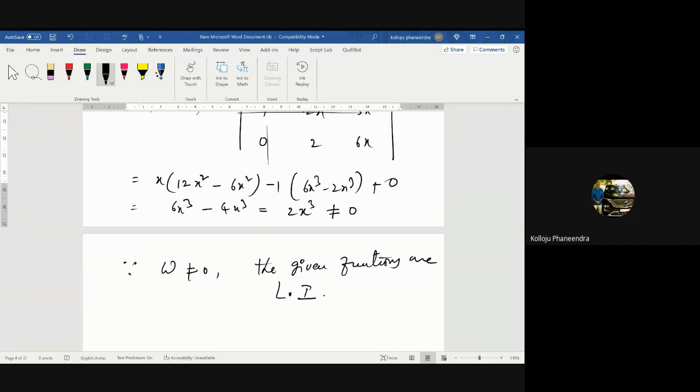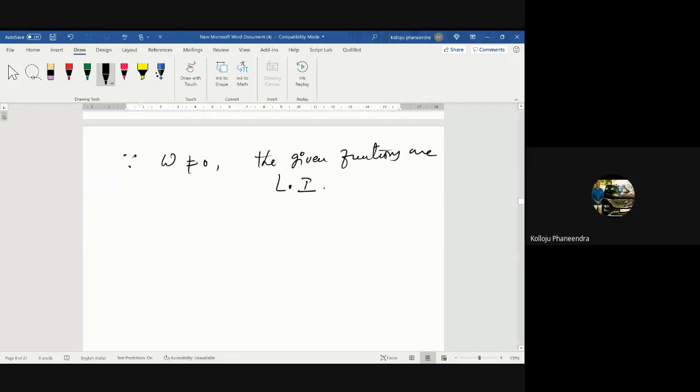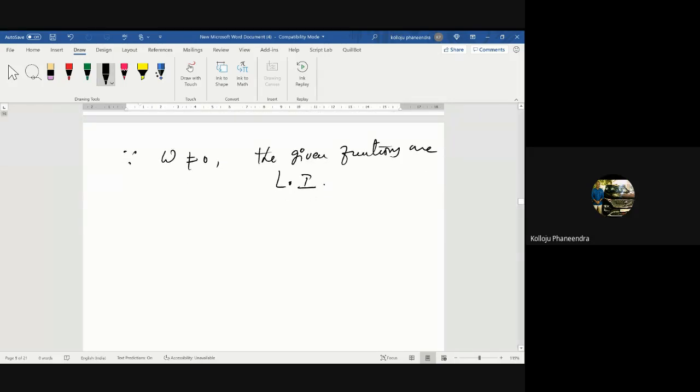Why are we learning linearly independent and dependent functions? For a constant coefficient differential equation, we must have linearly independent solutions. We require only linearly independent solutions. For that, we are learning linearly independent and dependent solutions.